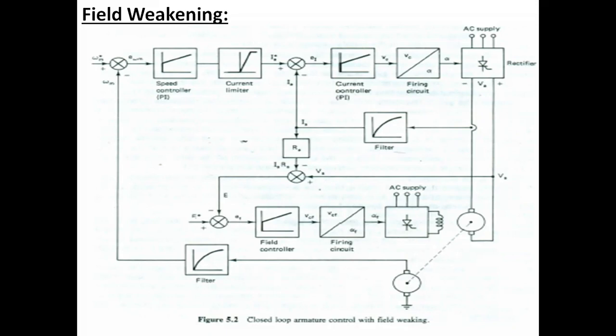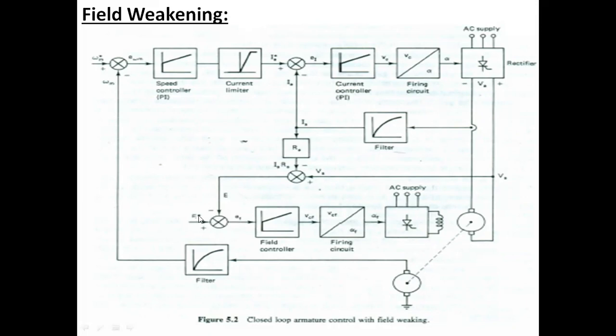In the field control loop, what is the formula of back EMF E? E equals VA minus IA RA. First this back EMF E is compared with the reference voltage E star.